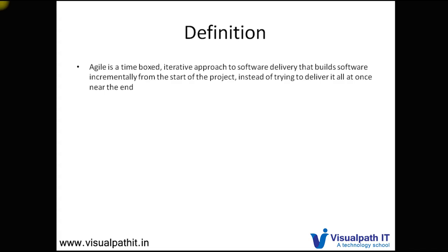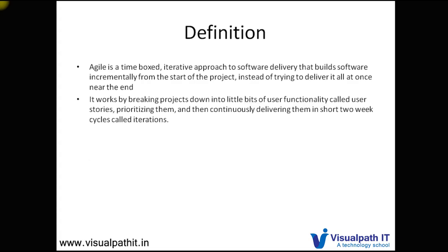We are not going to build the product at once, but slowly develop on top of what we did in the last sprint. Now we work in the coming sprint, building on top of the previous one, and incrementally we build the product. So this is the definition of Agile.